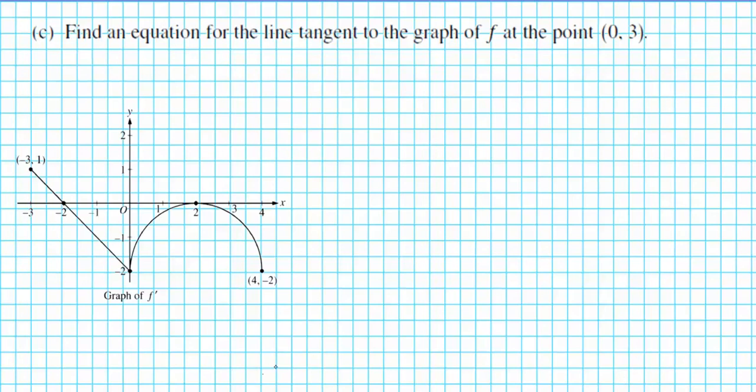It says, find an equation for the line tangent to the graph of f at point 0, 3. Okay, so the formula that we're going to be using here, let's take a look at that formula. This is the formula of a tangent line, okay, equation of a tangent line.